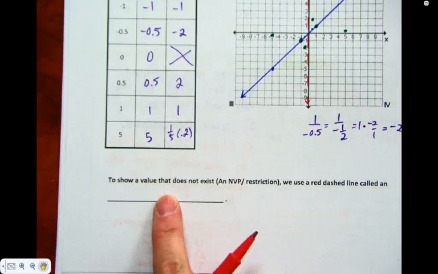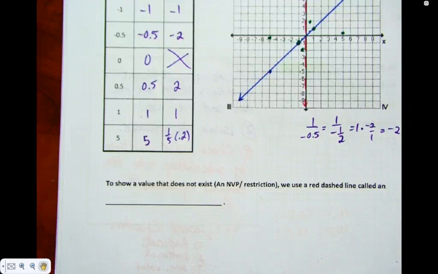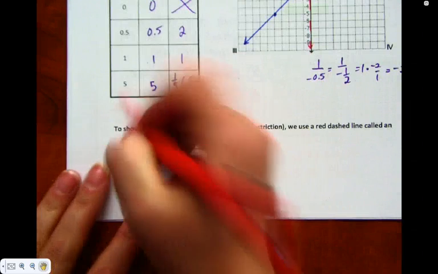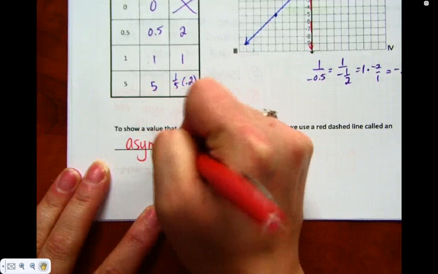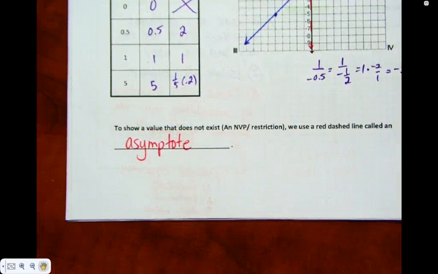To show a value that does not exist, which is a non-permissible value or restriction, we use a red dashed line called an asymptote. I don't know if there's any other word that has an M, then a P, then a T in it. Asymptote.